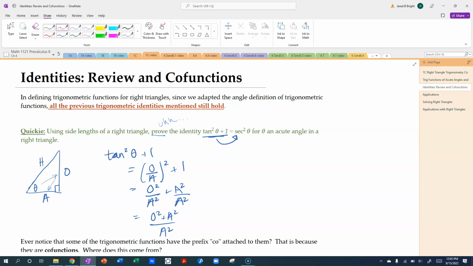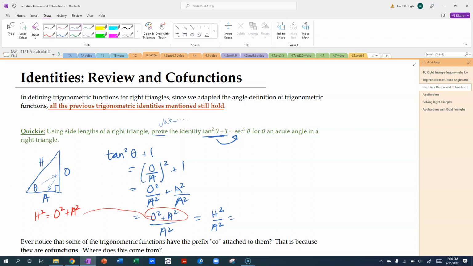And remember, we still have the Pythagorean theorem: hypotenuse squared is equal to opposite squared plus adjacent squared. I'm going to use that fact to simplify this all to hypotenuse squared over adjacent squared.